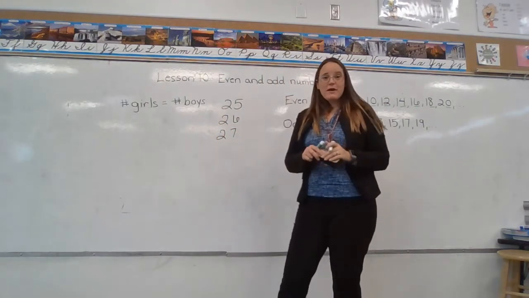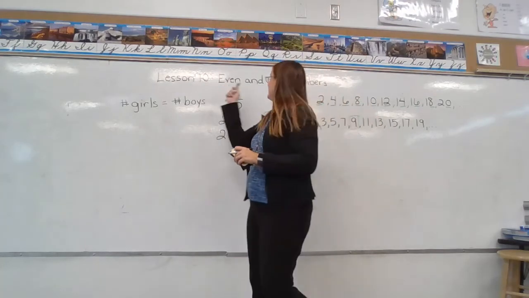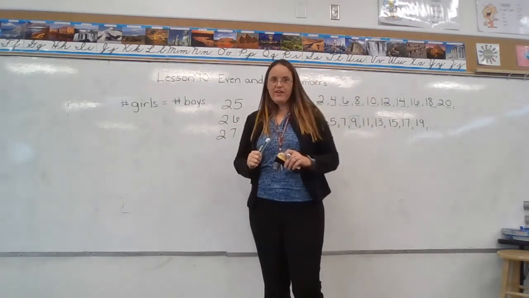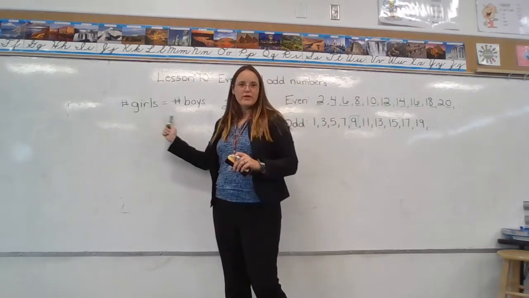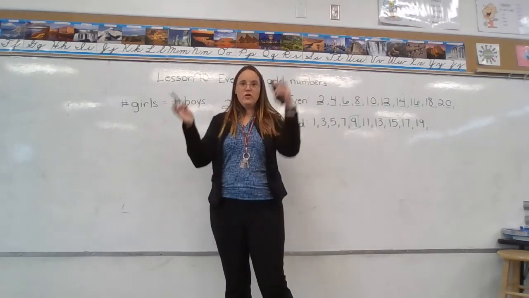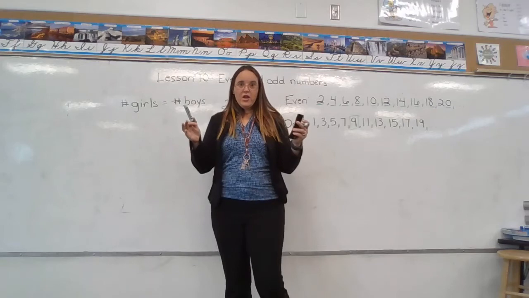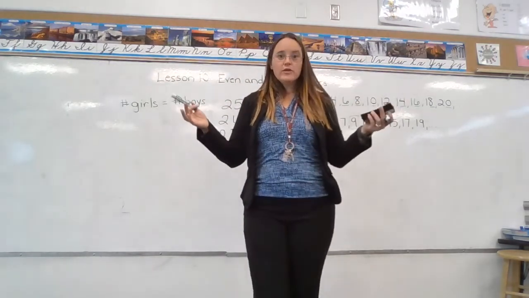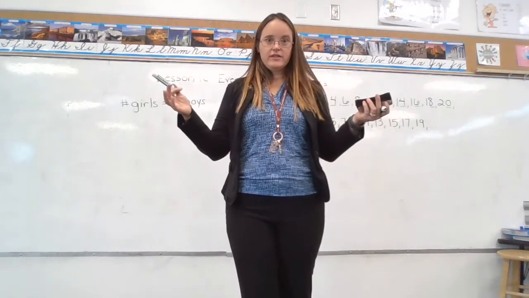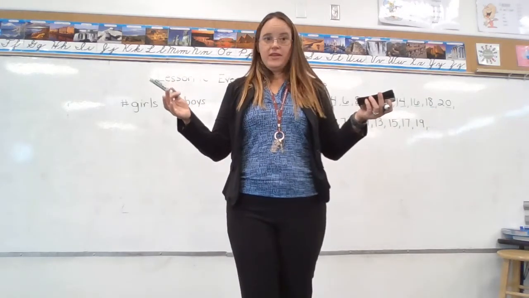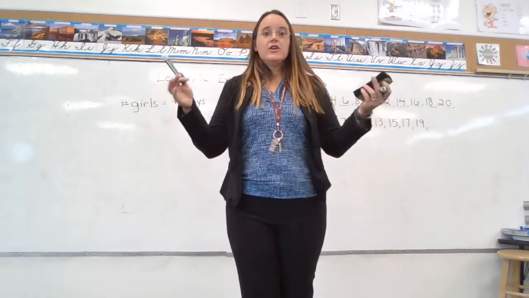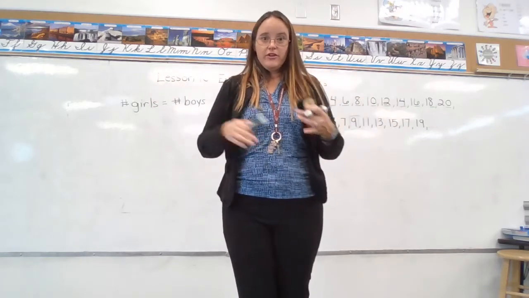So think about what we know about even and odd. Back to my little dot pictures over there. If I were to partner up one girl with one boy, and there's the same number of girls as boys, would we have an odd man out? No. Each girl is going to have a partner of one boy. So everybody's going to have a partner.